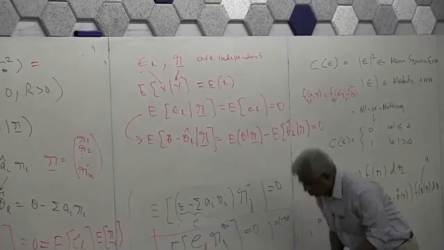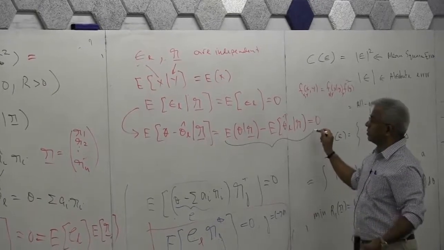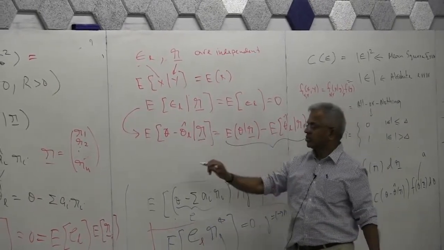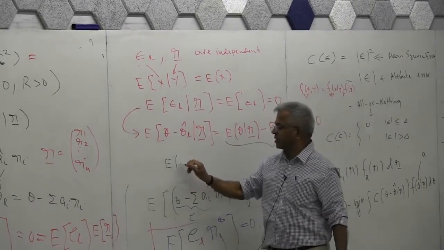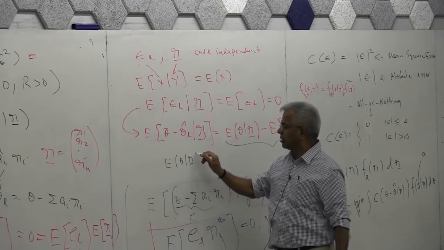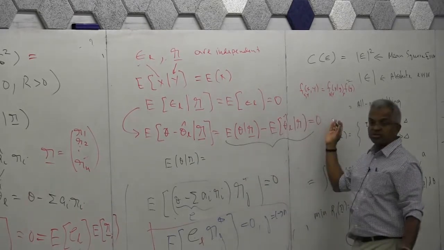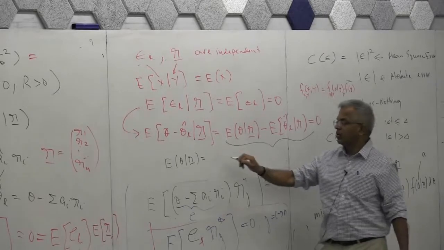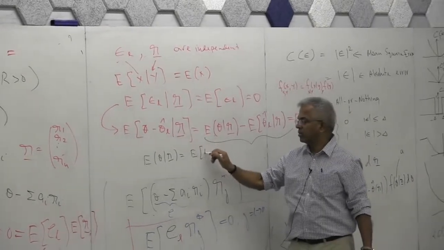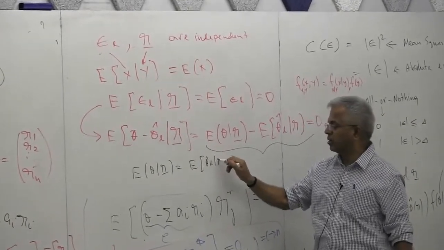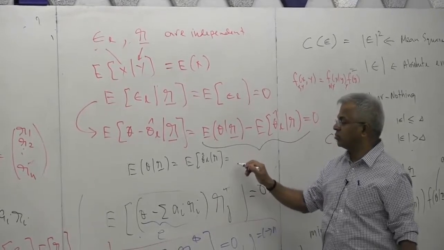Now let's concentrate here. What is this? So I'm just going to write that expected value of epsilon given R equals, of course, this side, right? Equals expected value of theta L hat given R. But theta L hat is what?